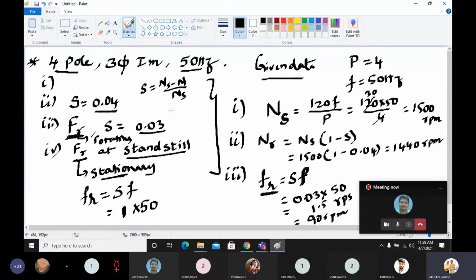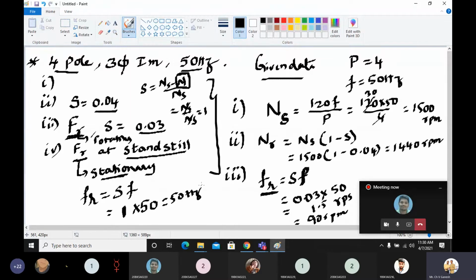Speed will be 0, so n is equal to 0. Then ns by ns is equal to 1, so your slip will be 1. Therefore the rotor frequency is 50 Hz.